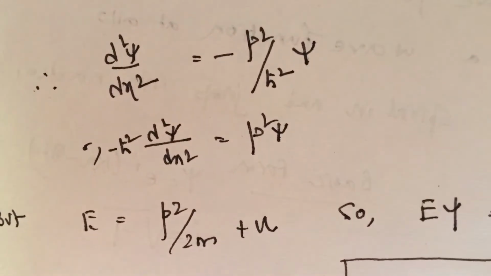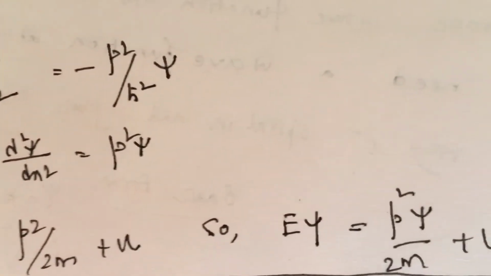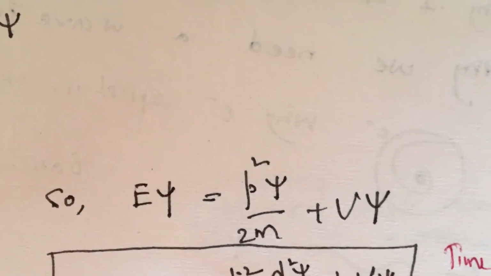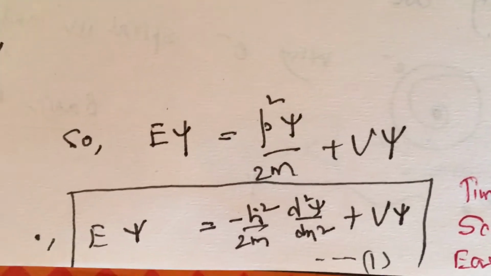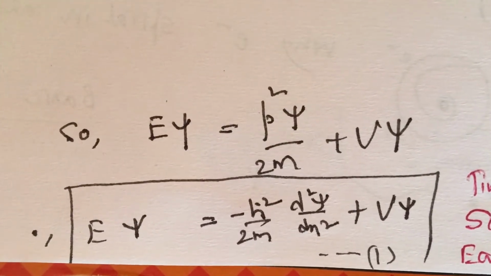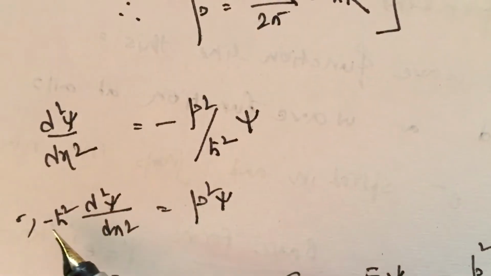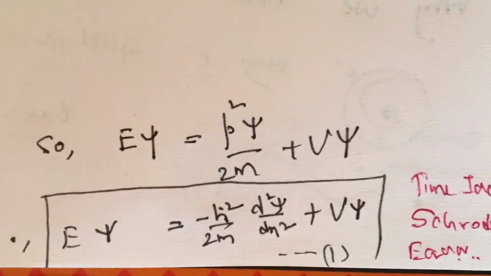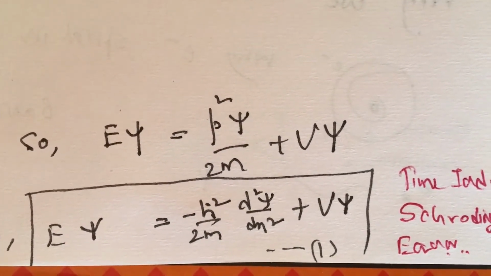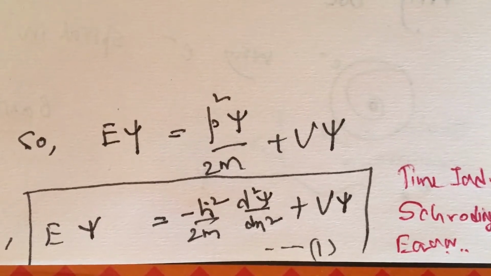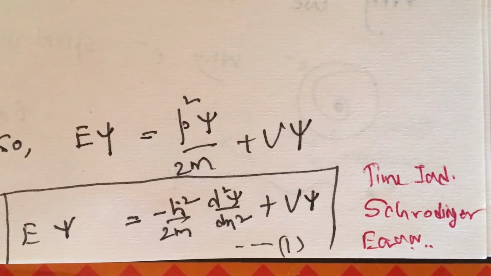If we apply this relation on a wave function psi, I get E psi equal to p square by twice m into psi plus u psi. And p square psi equals minus h cross square d2 psi dx square. So I get relation 1: E psi equal to minus h cross square by twice m d2 psi dx square plus u psi. This is the time independent Schrödinger equation.